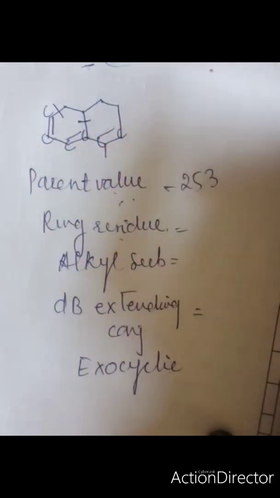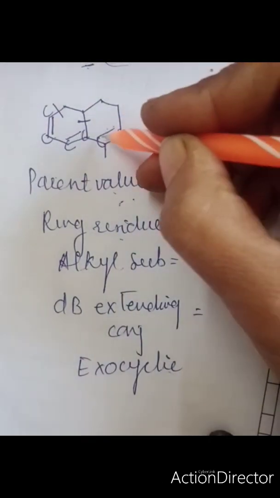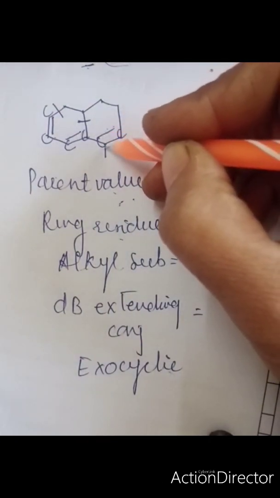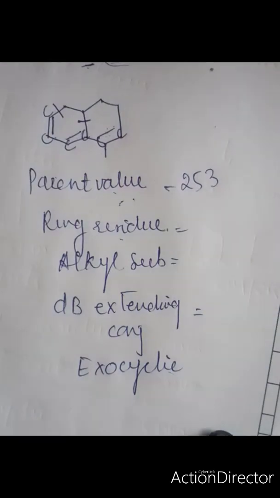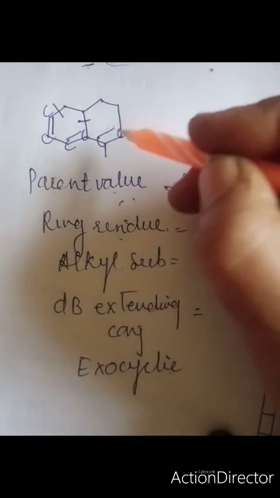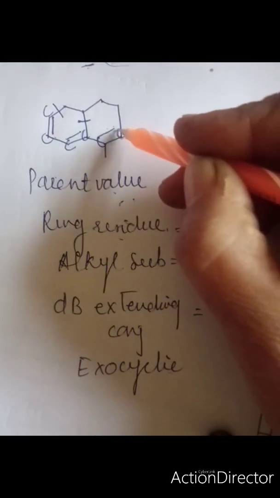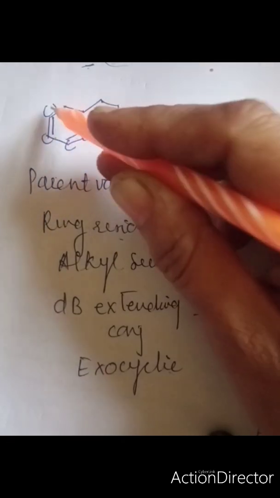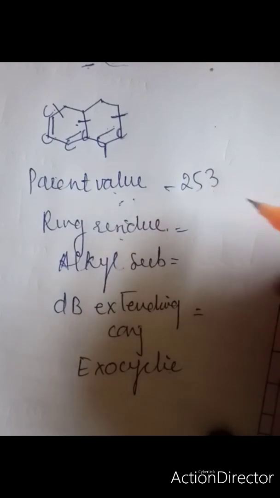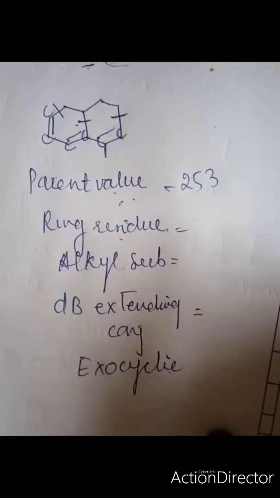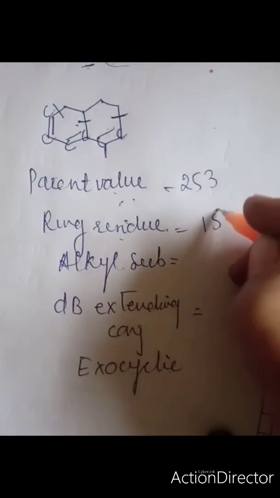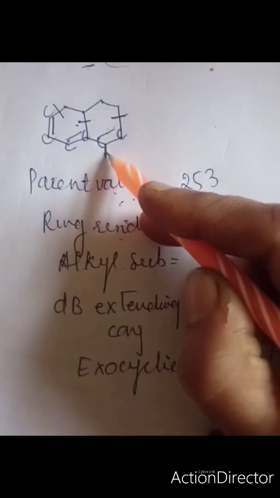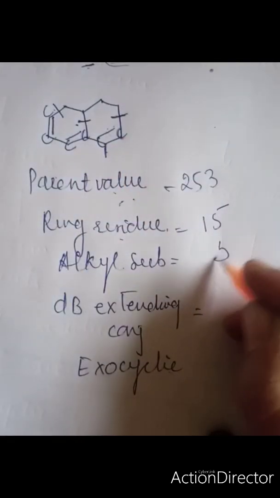This is not a ring residue, it is common. Now this carbon you will see, this will be the ring residue. This we are taking as alkyl substituent. So total you can see there are three ring residues. So for 1 it is 5, for 3 it will be 15. One alkyl substituent is there, so 5.